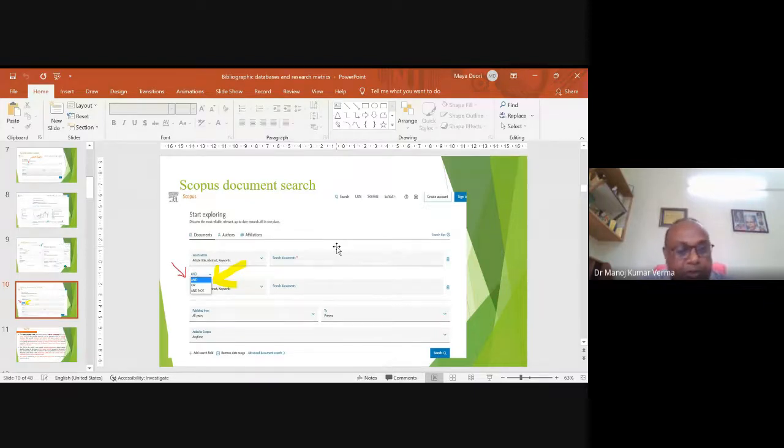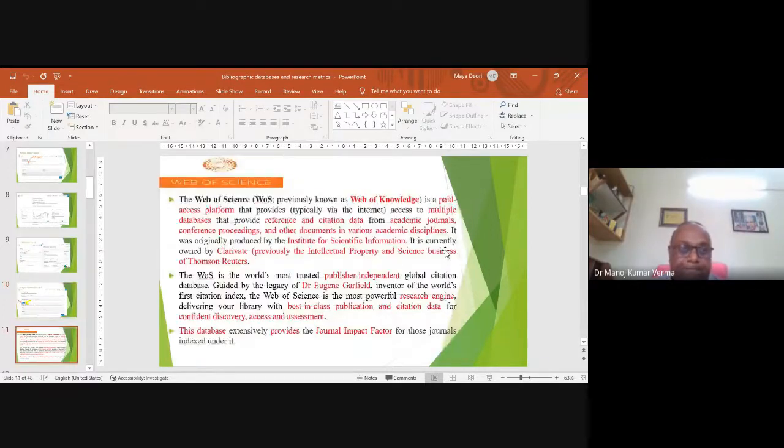Suppose you search for information on A, then you can put A not B. Then Scopus will search only A related information, not B. If you put A and B, it will find the information which is related to both A and B. Okay, so like this we are filtering to enhance our filter quality. We are using these Boolean operators in our search.